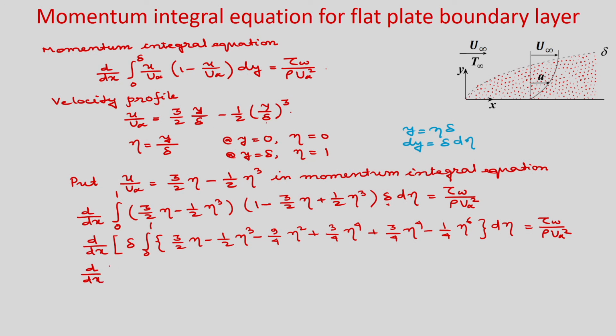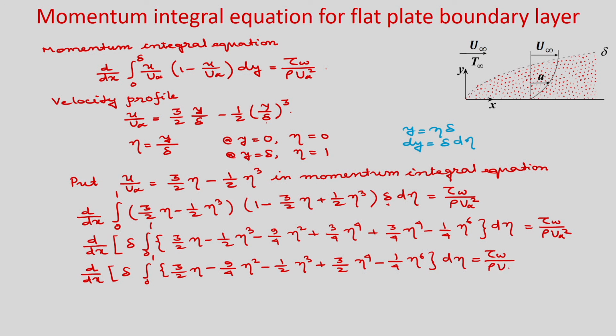d of dx delta, okay, 0 to 1. So, you can write as 3 by 2 eta, and this is your eta square. So, it will be minus 9 by 4 eta square, then you have minus half eta cube, okay. These two terms with eta to the power 4 you can write as 3 by 2 into eta to the power 4 and minus 1 by 4 eta to the power 6 d eta is equal to tau w by rho u infinity square.